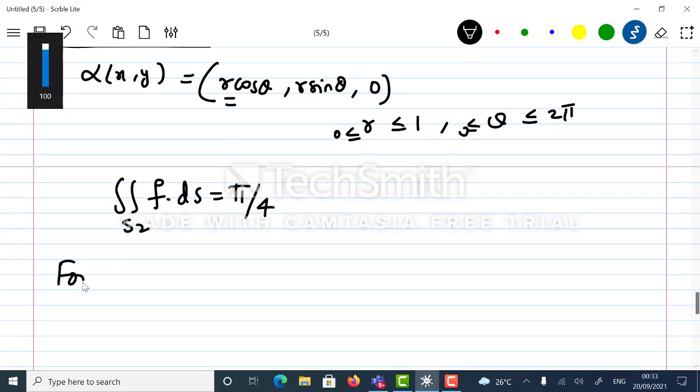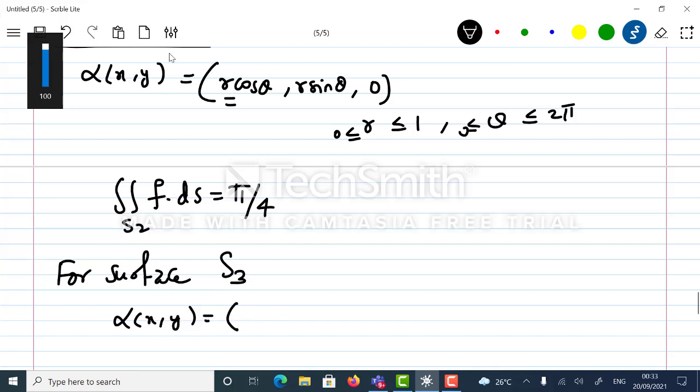Now for surface S3, again it is r comma theta, not x comma y. So it is r cos theta, r sin theta, and now z is 1.